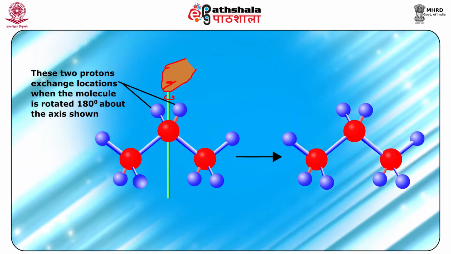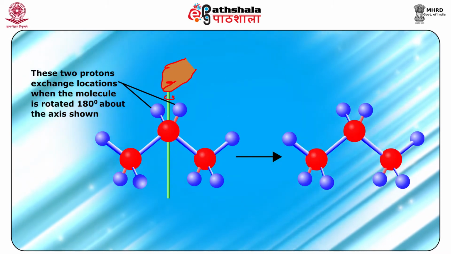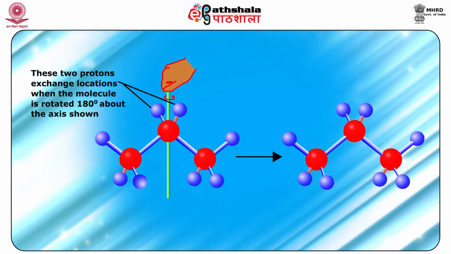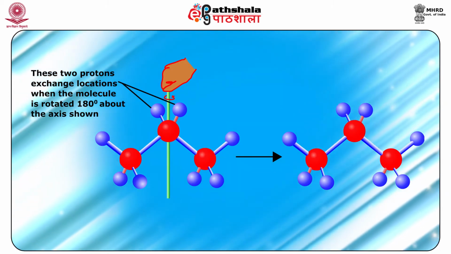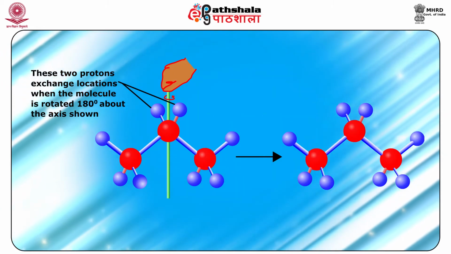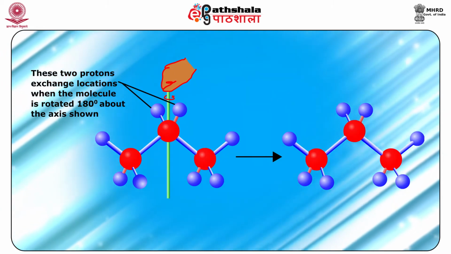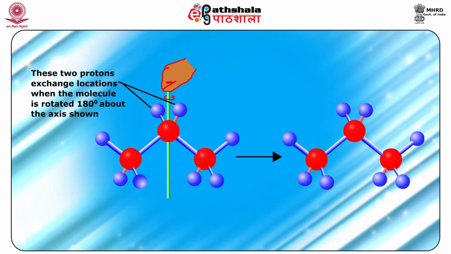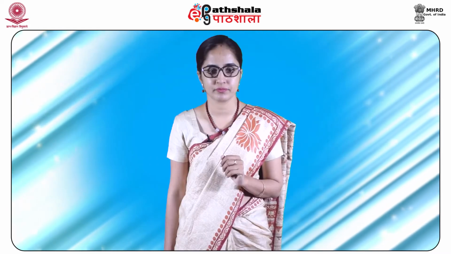From your point of view, the molecule appears exactly as it was before you rotated it, and it therefore has an axis of symmetry. The two protons on the middle carbon of propane are interchangeable by rotational symmetry, and hence they can be called chemically equivalent protons.